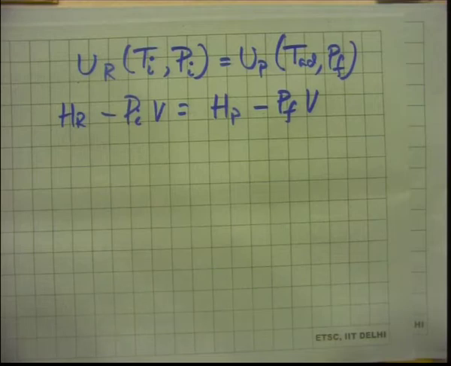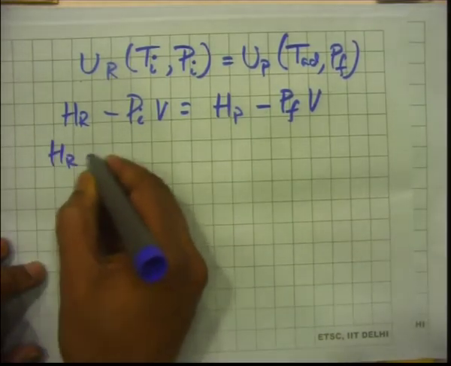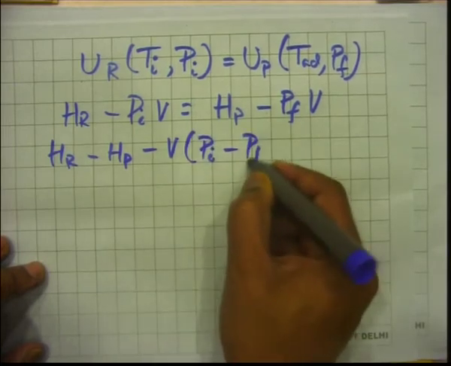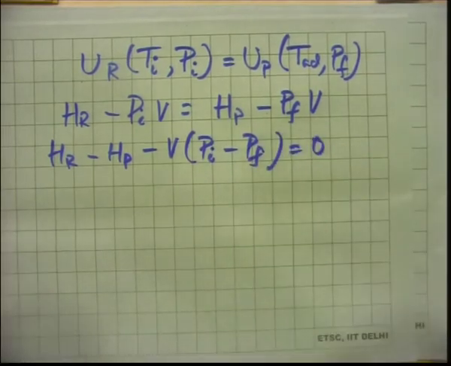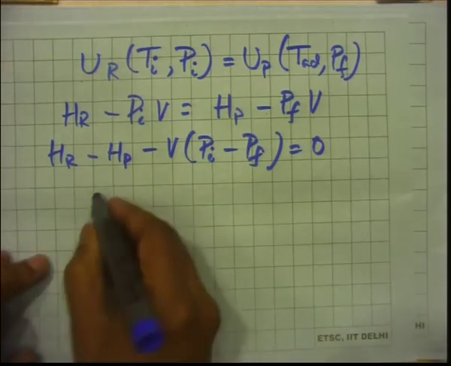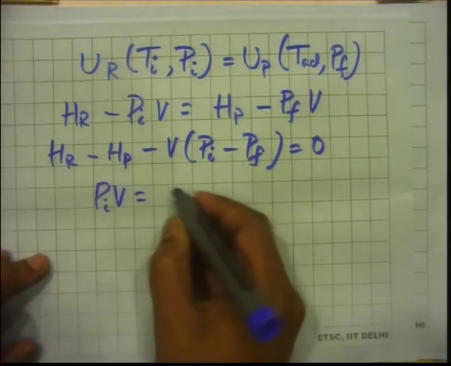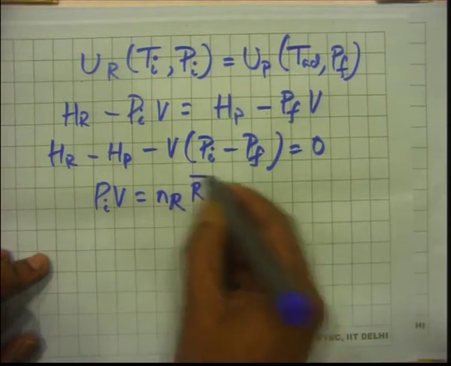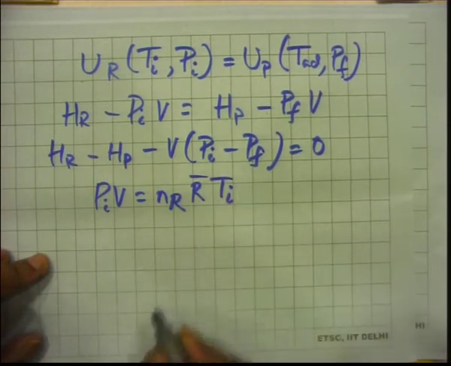Okay. So HR minus HP minus V times (PI minus PF) is equal to 0, and we can write PIV as R bar T initial.